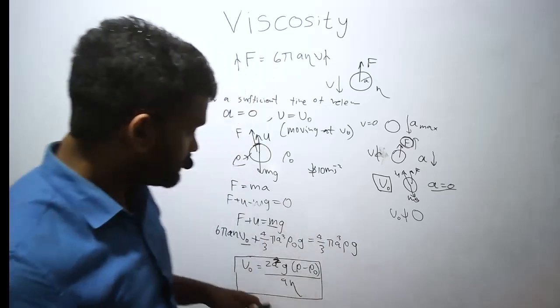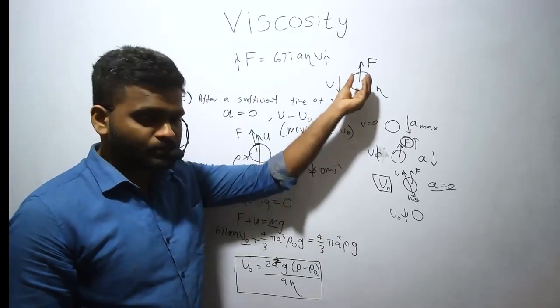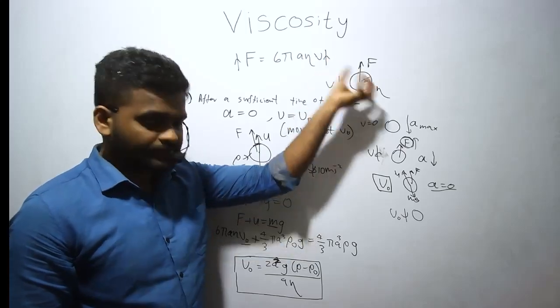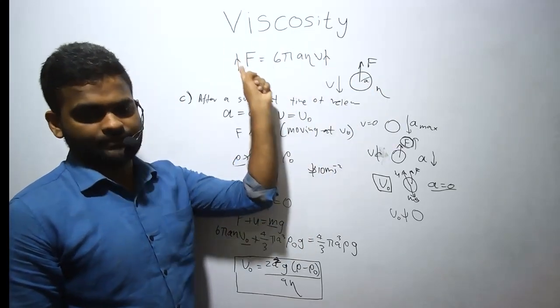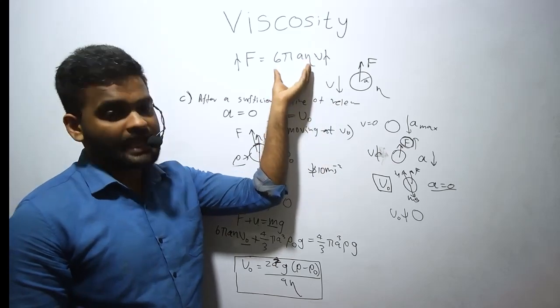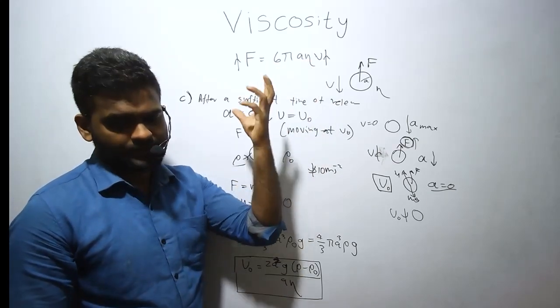But here we are only talking about a small sphere. For different objects, we have different equations for F. This can only be applied for a small sphere. For others, you cannot apply that.